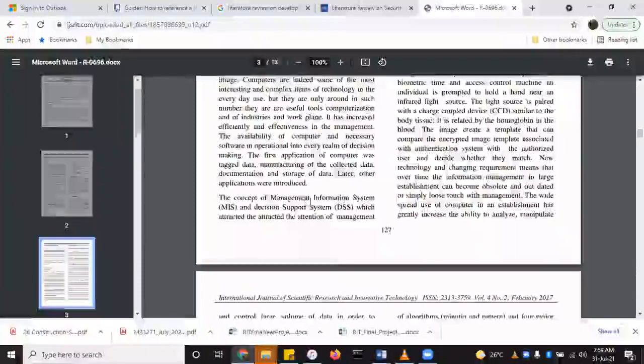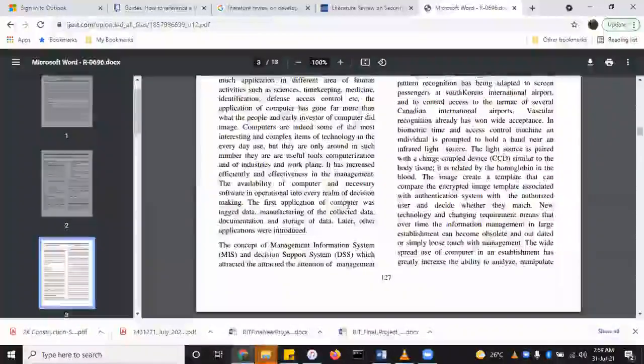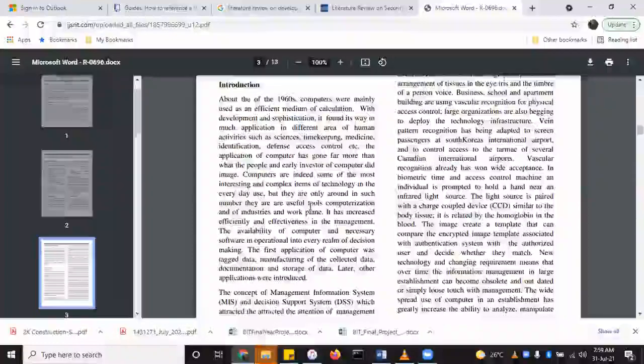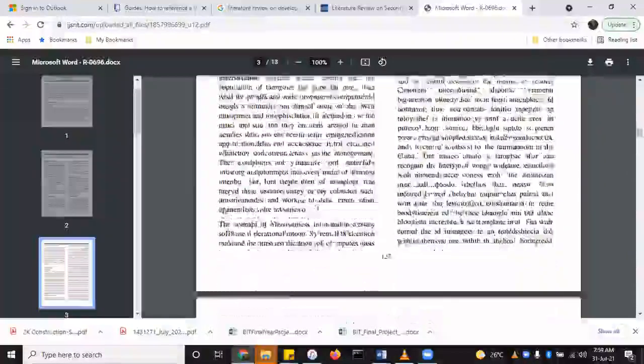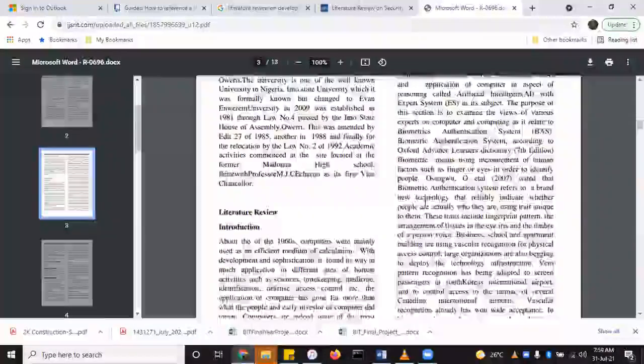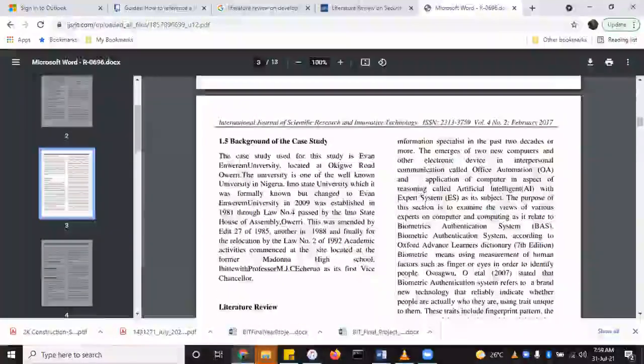So this is a concept of management information system, and as well as decision support system. So he's just basically giving some literatures, from some theoretical literatures on biometric systems generally. That's what I can gather from what is written over here. The emergence of new computers and other electronic devices and interpersonal communication called office automation.